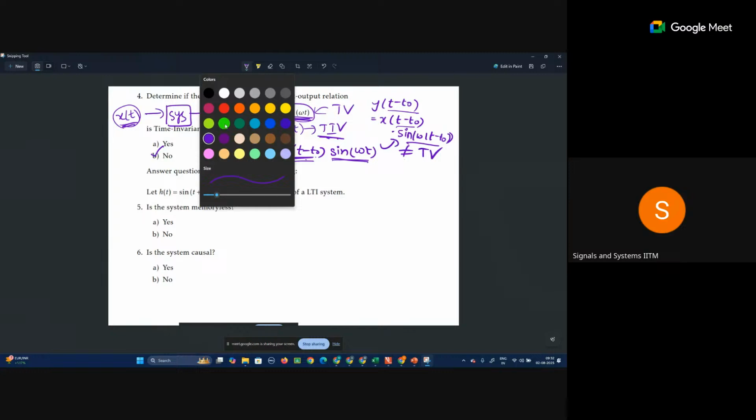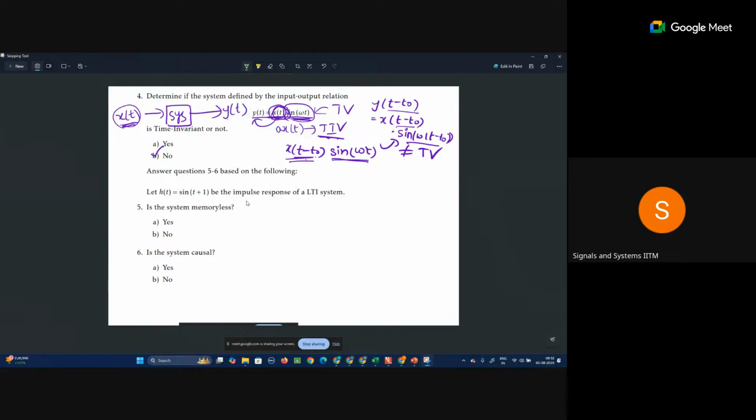Can anyone tell me the condition for memory and memoryless systems? They have given the impulse response h of t as sine of t plus 1. In order to check whether it is memory or memoryless, if it is a memoryless system, the impulse response needs to be a constant times delta of t.